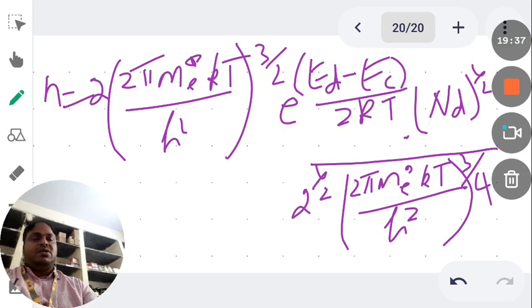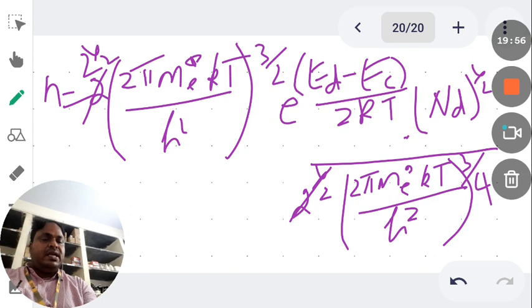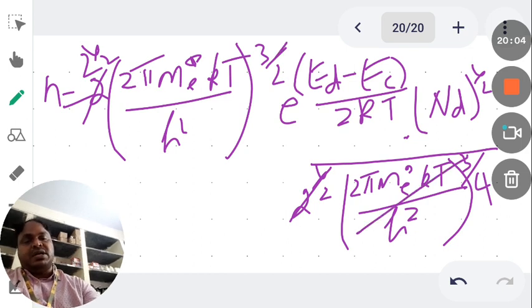Now in the numerator you have 2, in the denominator you have 2 power 1 by 2, so here you will get 2 power half. Then you can see here 2 pi me star KT by h square 3 by 2 in the numerator, and 2 pi me star KT by h square power 3 by 4 in the denominator. So you can cancel this and you can write it as 3 by 4.